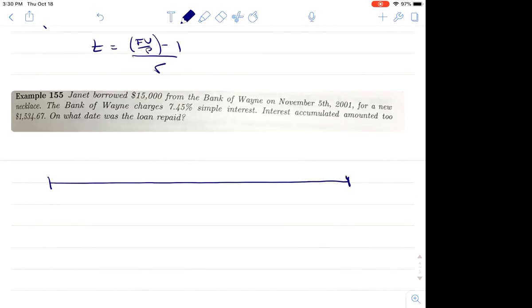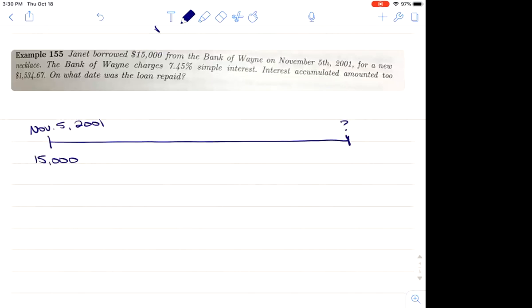So she borrowed money on November 5th, 2001, and we want to know when did she return it. So we put our dates above and the amounts below the ticks. So we have $15,000 that she borrowed.